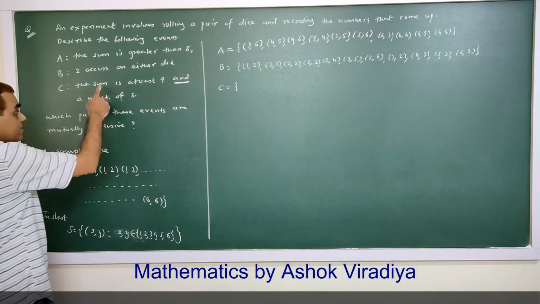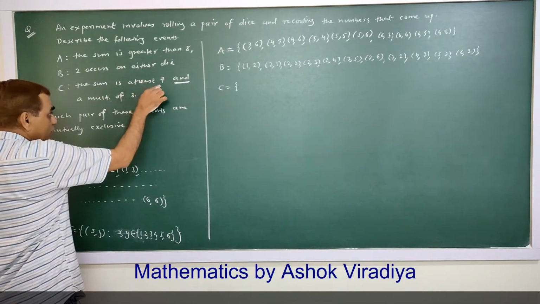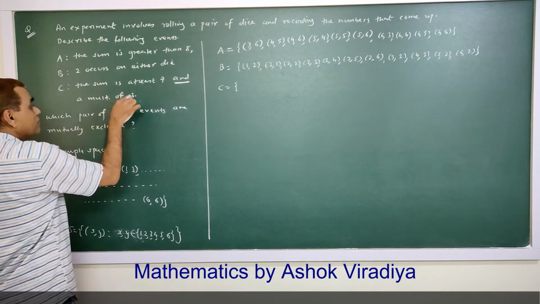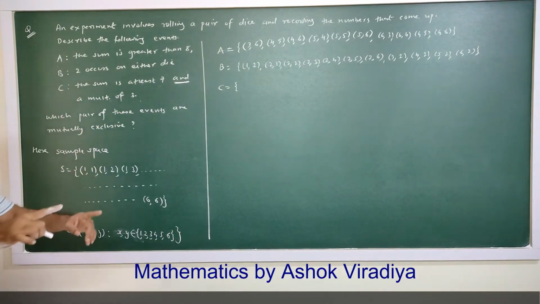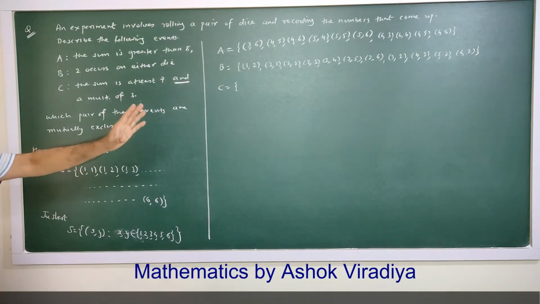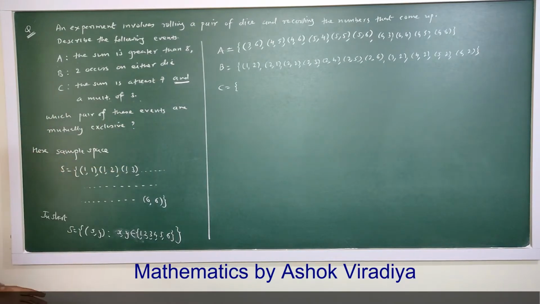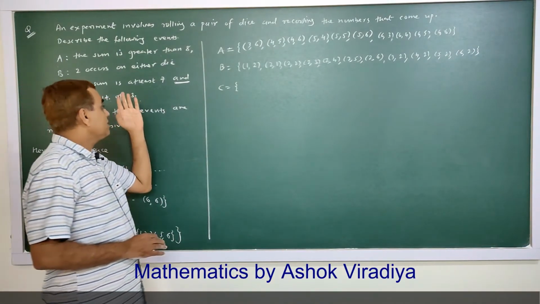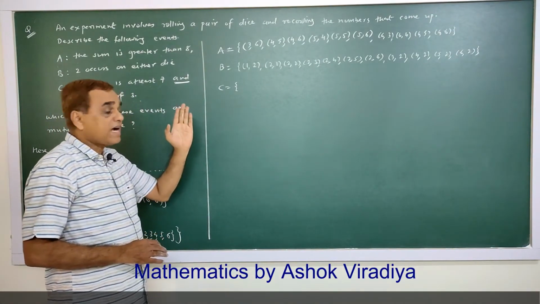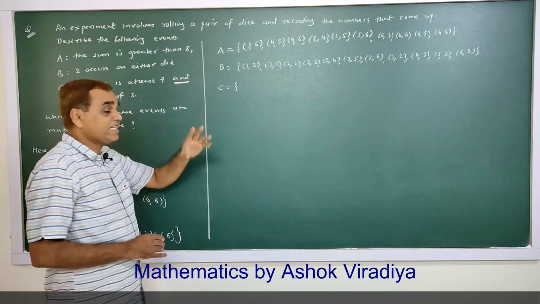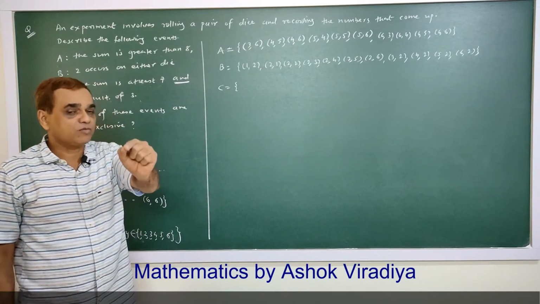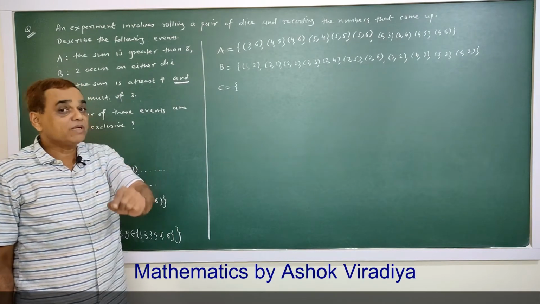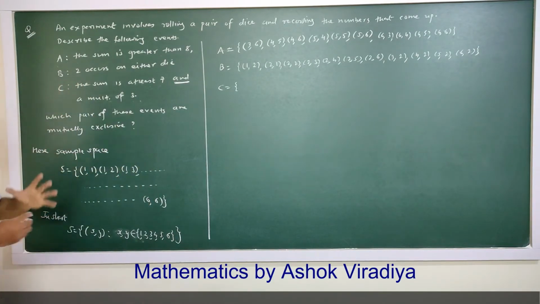So we are taking those elements in which the sum is a multiple of 3 and more than 7, that is there are two numbers, 9 and 12. Sum is 9 or 12.